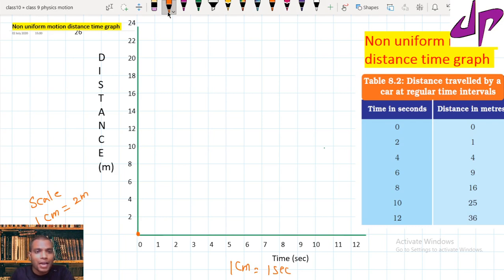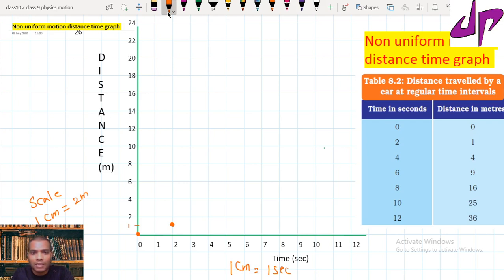So on the y-axis I have taken 2, 4, 6, 8 like that, but at time equal to 2 seconds, the distance is 1 meter. I will take exactly the middle as 1, so I make a mark here. This is the second point.